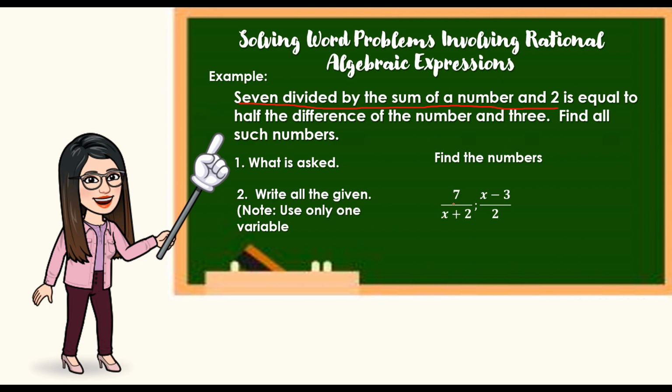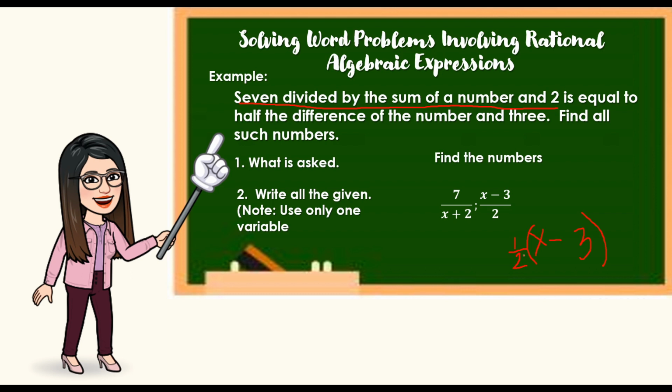And then the other expression is half the difference of the number and 3. Half the difference. It can be this one. This came from half the difference of a number and 3. Okay, so this one.